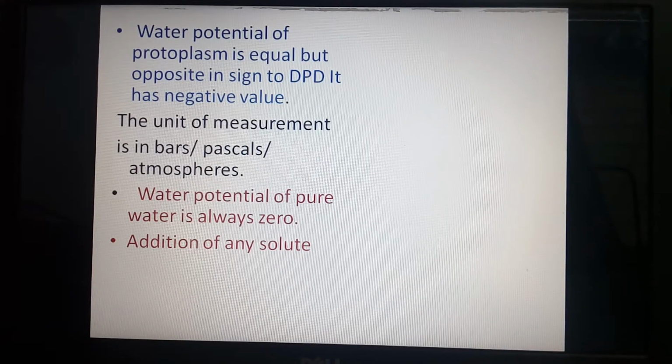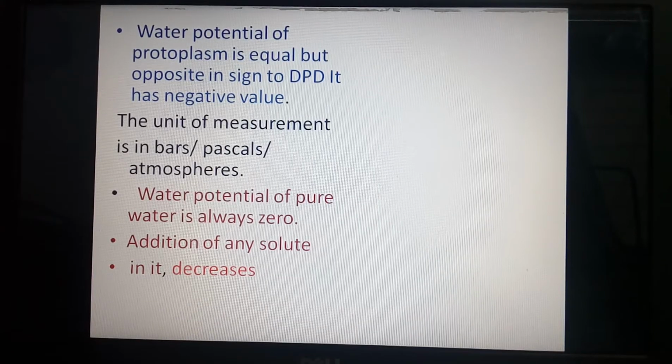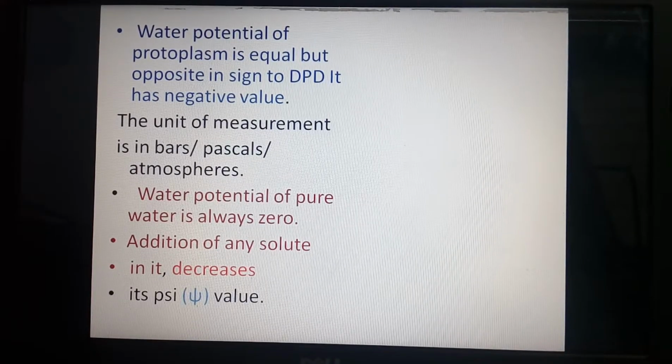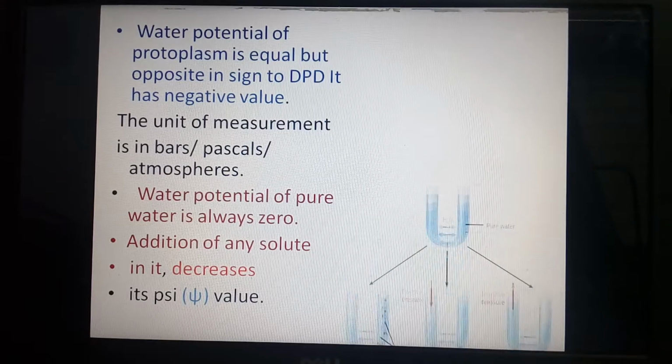When we add any solute into the pure water, the water potential decreases further. That means water potential has a negative value, and it is denoted by psi.